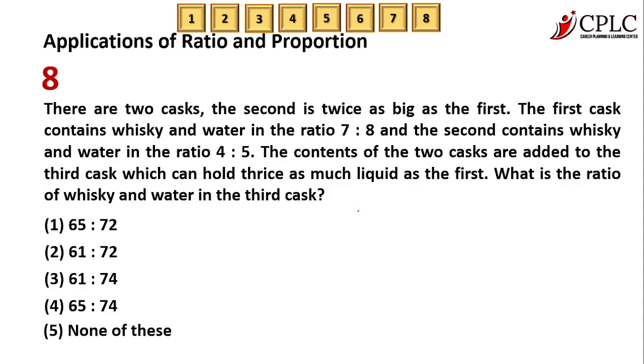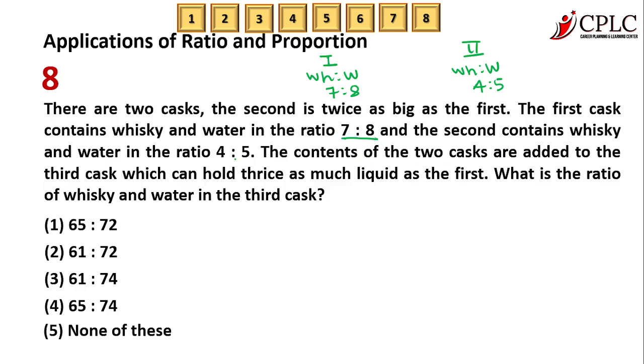Now, here, what you need to understand is the ratios are given for whiskey and water. So, what you need to do is always assume such a number which will be common to all these numbers.